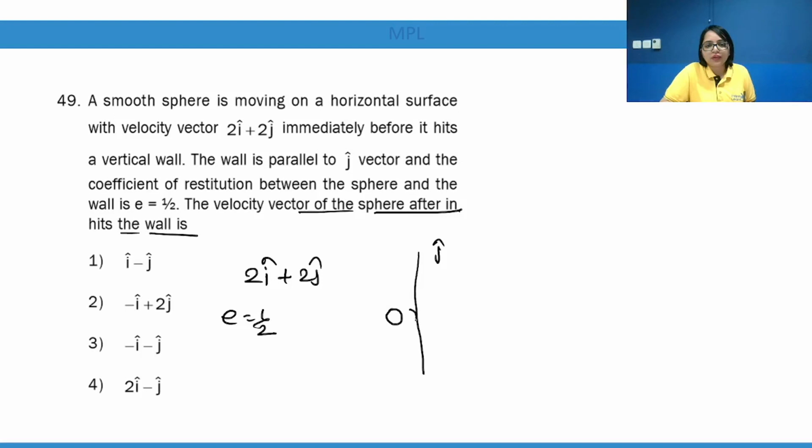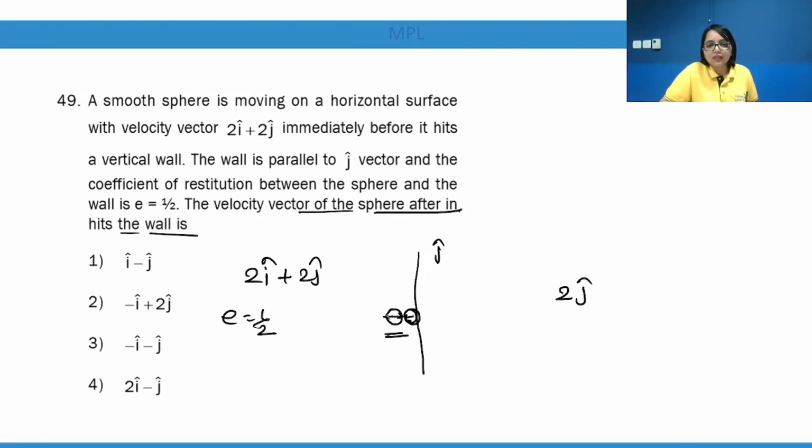So basically what will happen, because of the impact along x-axis, its velocity will change along x-axis, but there will be no force acting along y-axis. So its momentum will not change along y-axis. So its j cap component will be same, that is 2j cap.